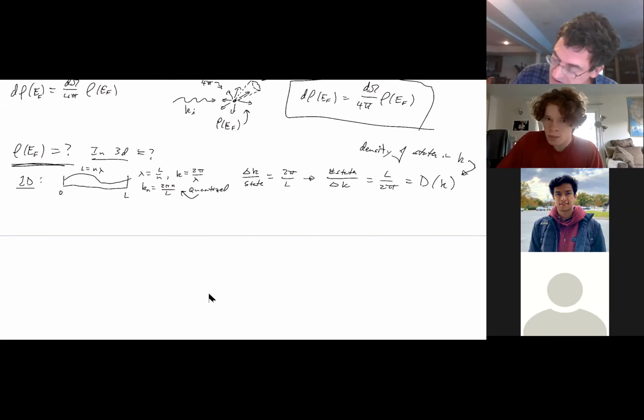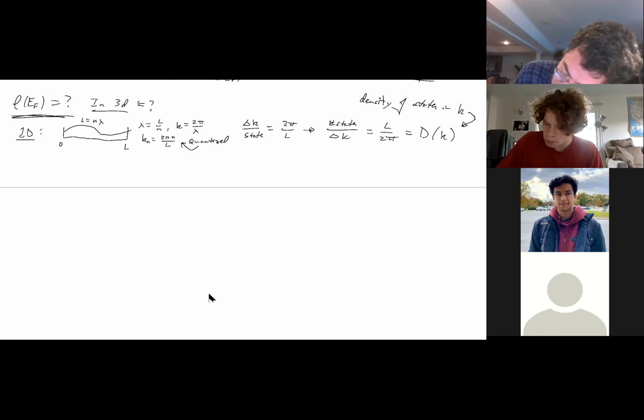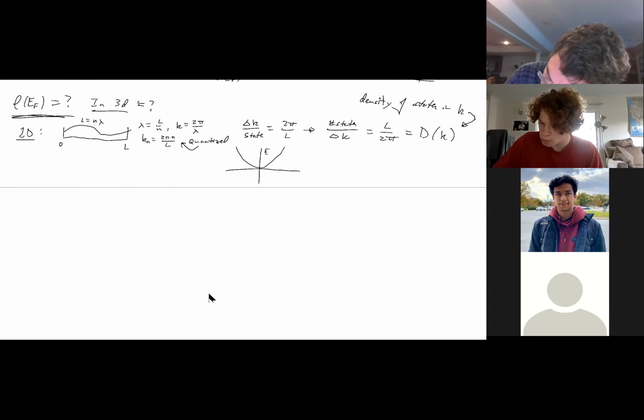And so then what we can do is say that if I have a dispersion of states where this is E and this is k, and if I have some little range of states in k, then they correspond to a range of states in energy.